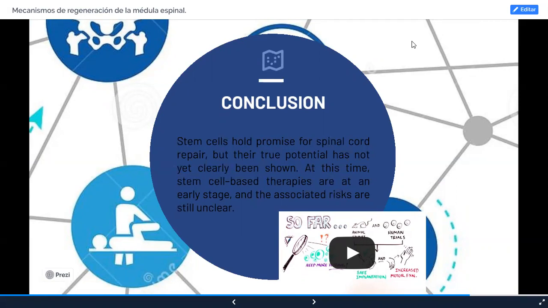Stem cells hold promise for spinal cord repair, but their true potential has not yet clearly been shown. At this time, stem cell-based therapies are at an early stage and the associated risks are still unclear. When a patient has a disabling or life-threatening disease, a case might be made for surmounting the existing ethical and social barriers to enable treatment.